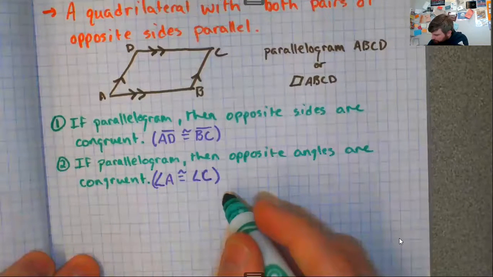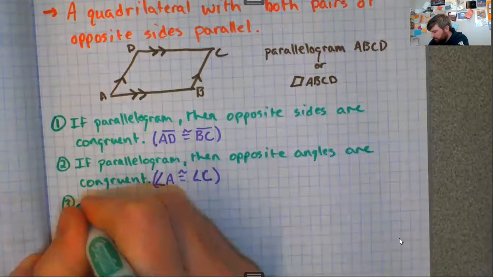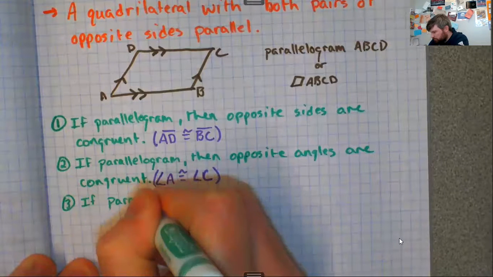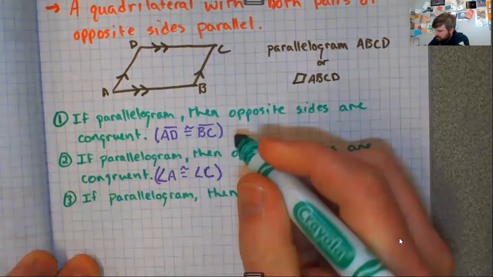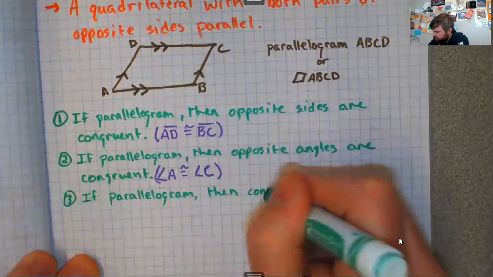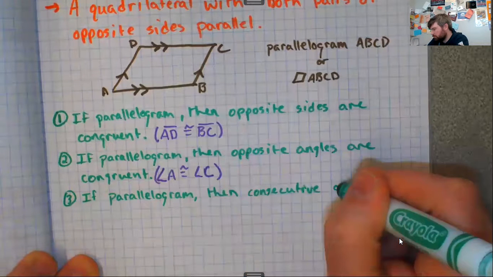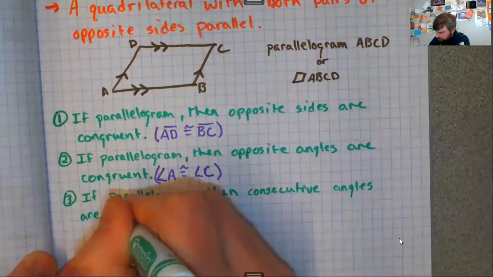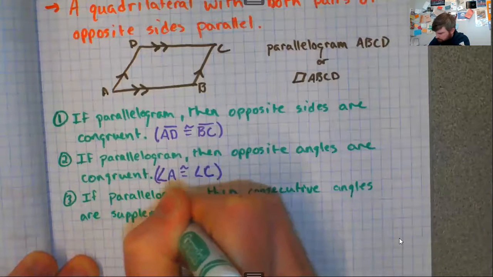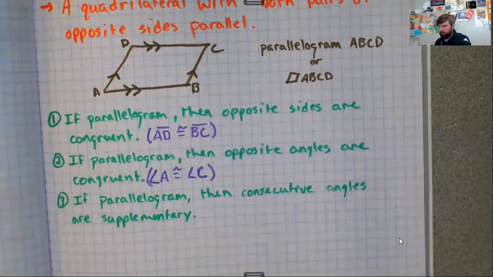Number 3, if you have a parallelogram, then consecutive angles are supplementary. Which we've talked about before when we did consecutive interior angles.